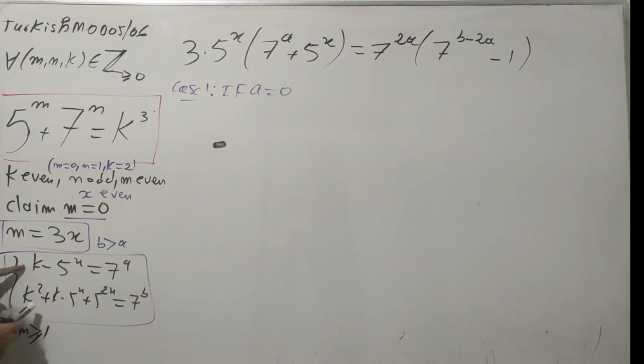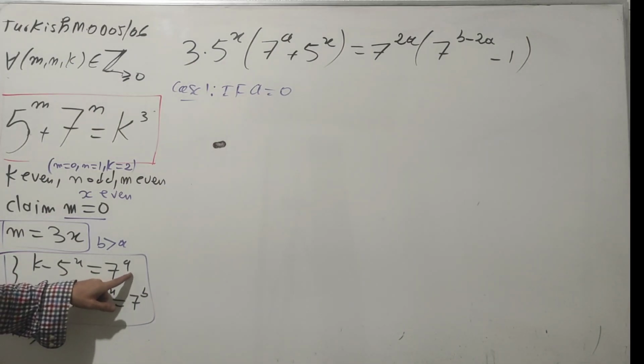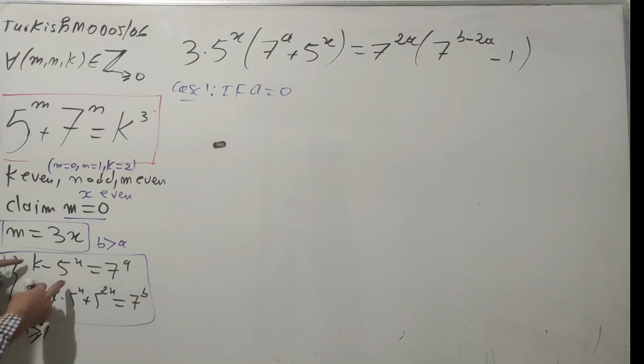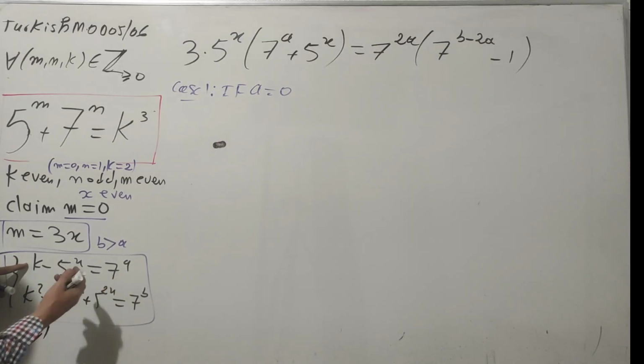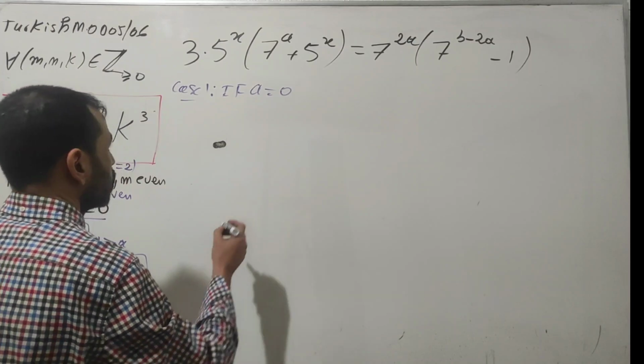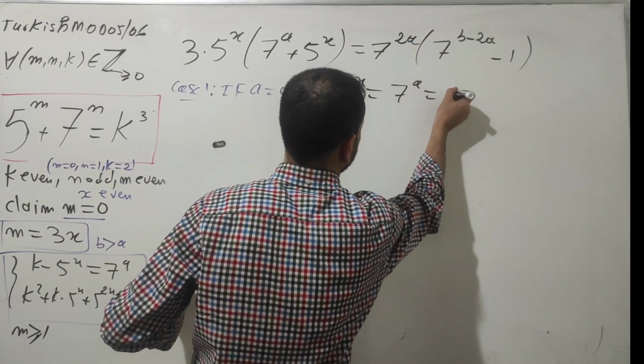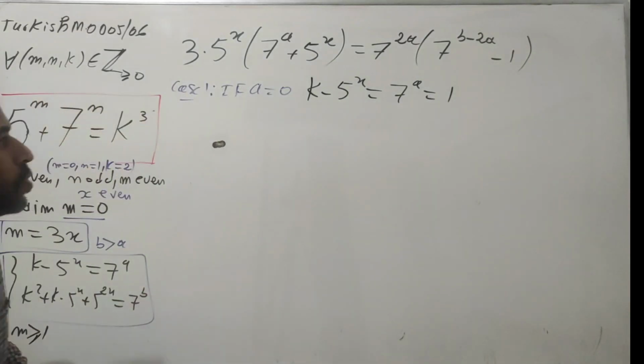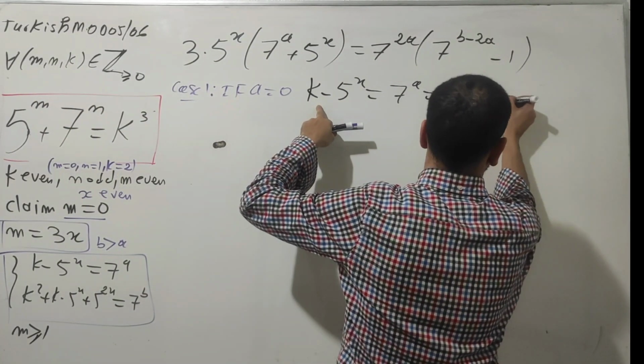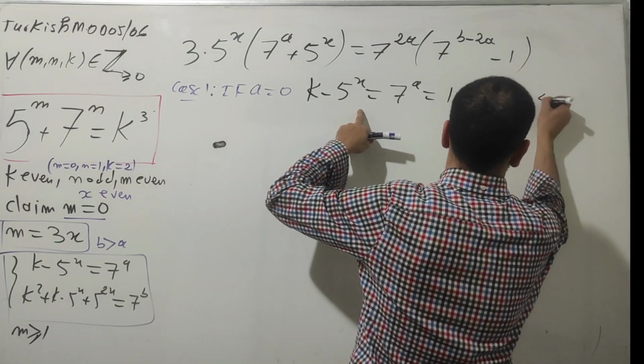To go back to the previous equation that we have extracted before, I'm going to replace a with 0. 7 to the a will be turned into number 1. So I get the following equation. I get k equals 7 to the a, which equals 1 after replacing a with 0, okay? K equals 1 plus 5 to the x.